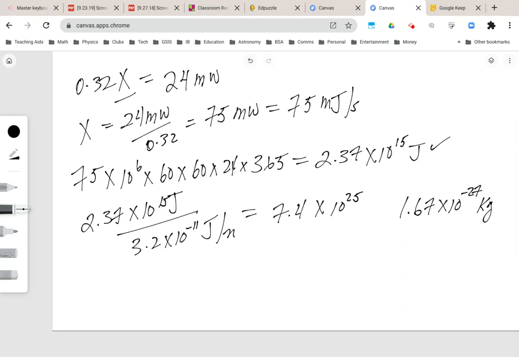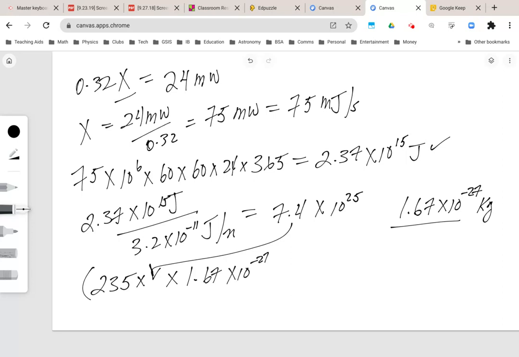Each nucleus has 235 nucleons. So that's going to be 235 times the number here, times this number, which I'll be lazy and just use an arrow, times 1.67 times 10 to the negative 27th.